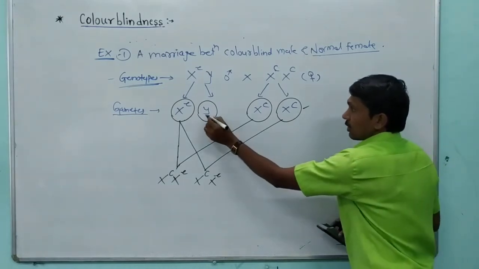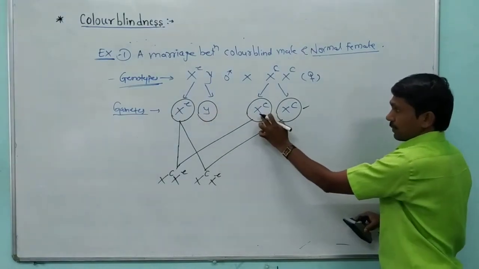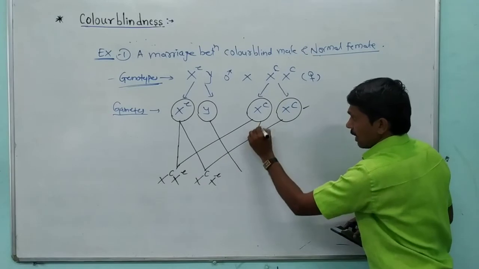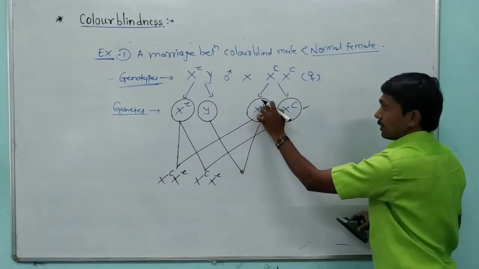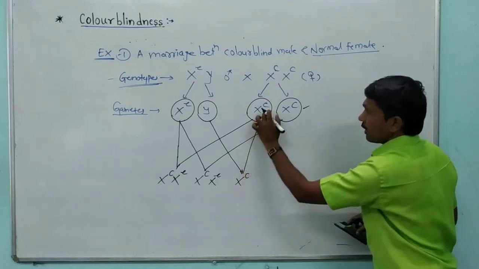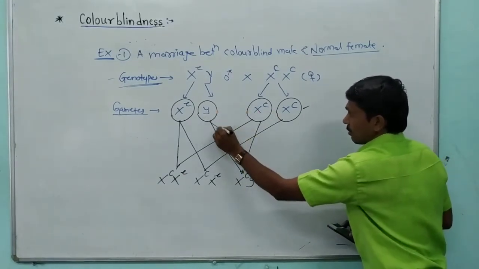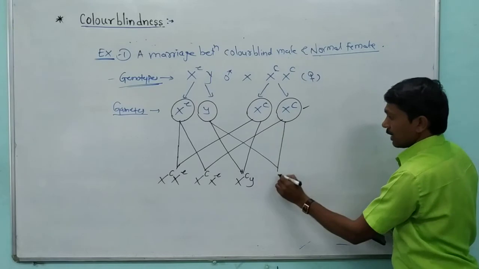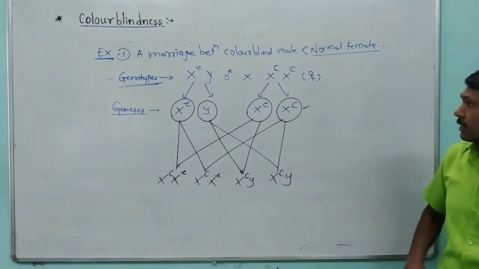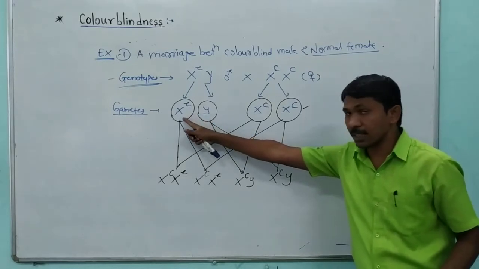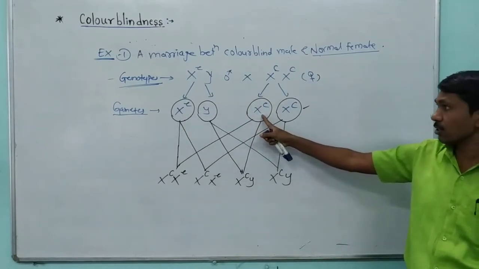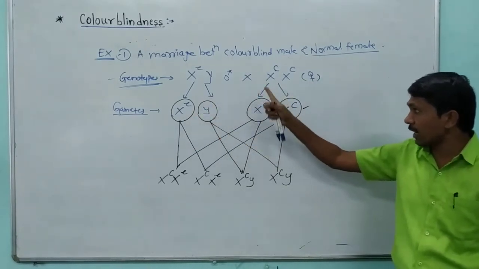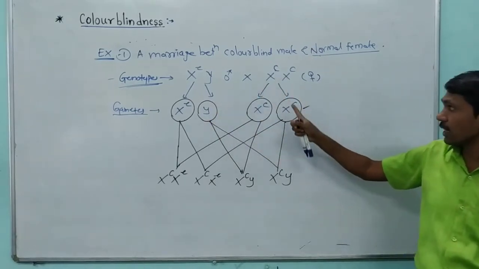Then the Y chromosome is crossed with the X, and Y is also crossed with that X. Write their genotypes, dominant first: X capital C and Y. Then further cross of that X and Y: X capital C and Y. Here the first X chromosome was crossed with X capital C, then X small c crossed with X capital C, then the Y chromosome crossed with X capital C, like that.